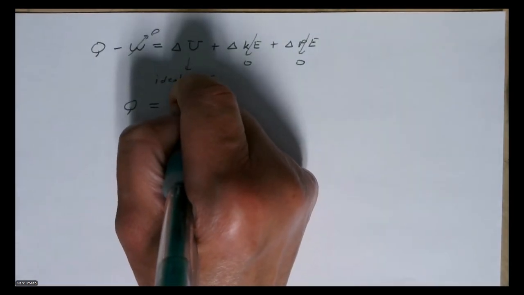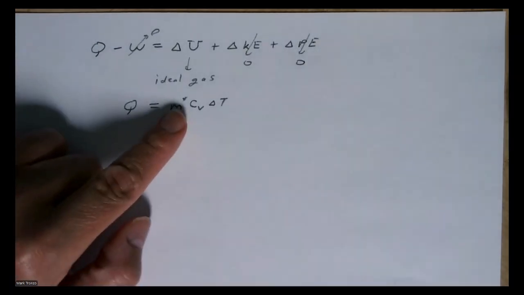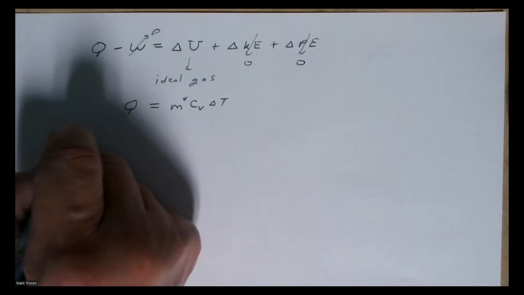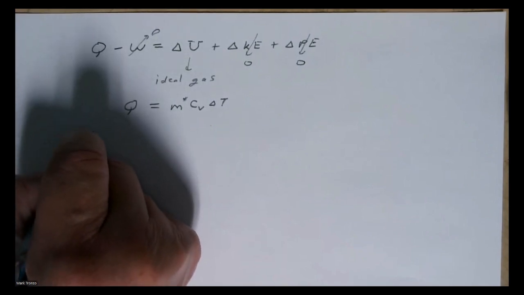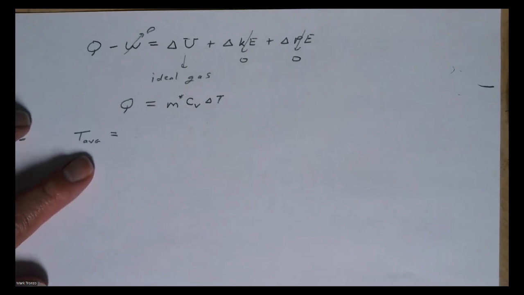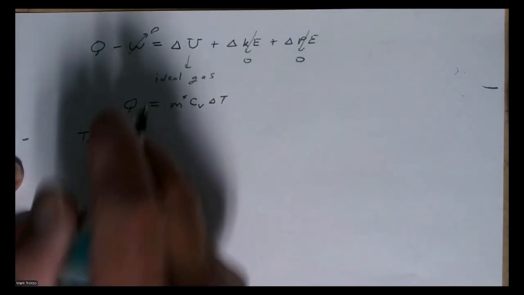Again, the M is the mass. And now we need C_V. Now, the back of the book probably just has C_P, but we can find C_V from that pretty easily. When we look up the C_V, we're probably going to use the average temperature. So we want to find the average temperature. We'll use that to find our C_V.